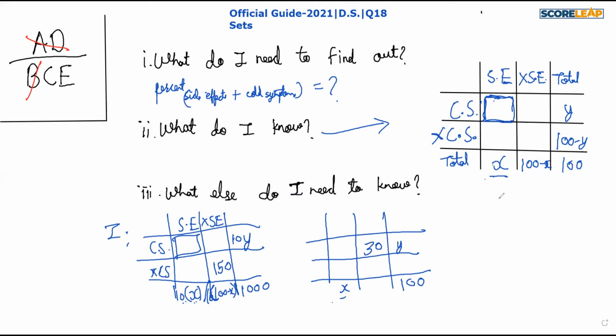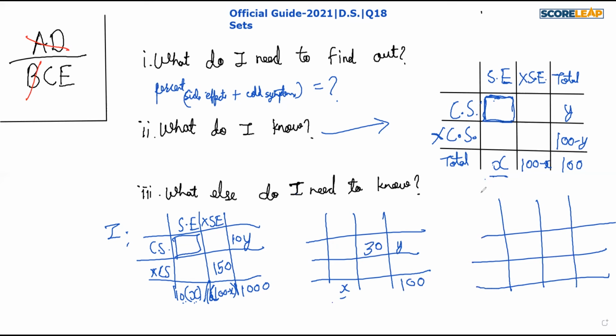When we combine both of them, of the 1,000 patients, 15% experienced neither side effects nor cold symptoms. This is 150, and this is 1,000.